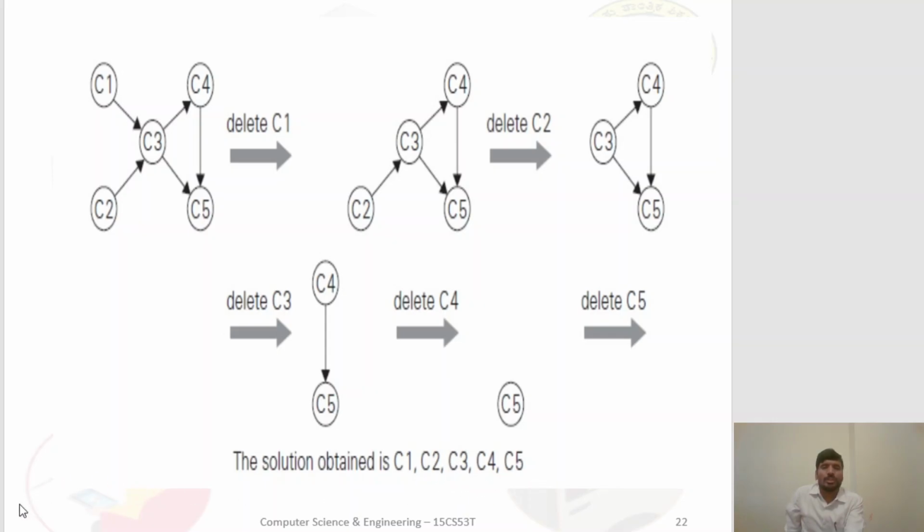So this is the topological ordering. These vertices are topologically ordered. Okay, students. So in all these examples, what we have done is we decreased the problem size by 1.